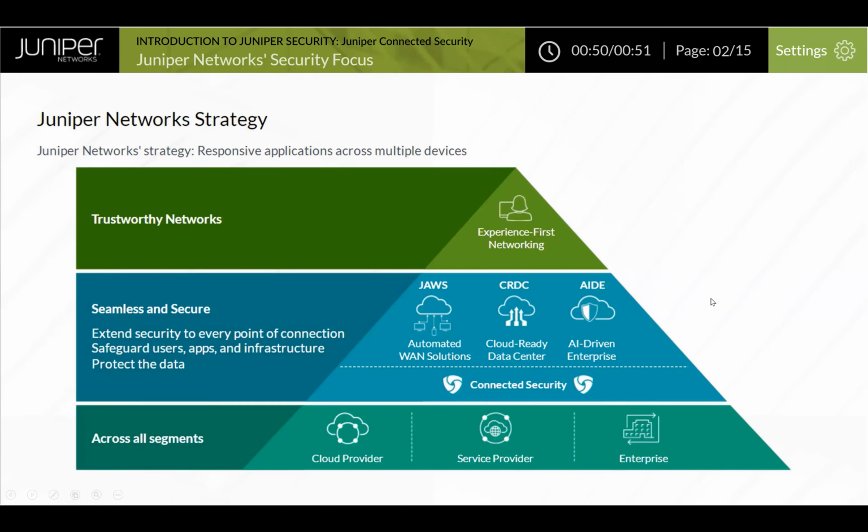So they implement three points in network infrastructure to provide seamless and secure internet connectivity to access the apps or services: automated one solutions, cloud-ready data center, and AI-driven enterprise. They already implement AI in their wireless devices.